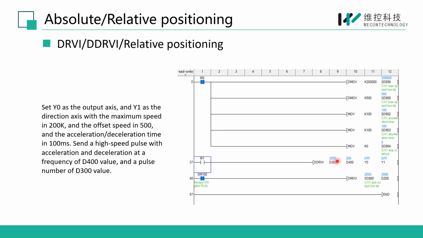Then I change this parameter to negative 1000 and trigger again. The result is 1000 because this instruction is a relative position, so the start point is the current point.